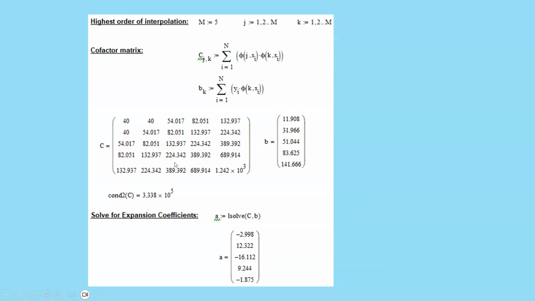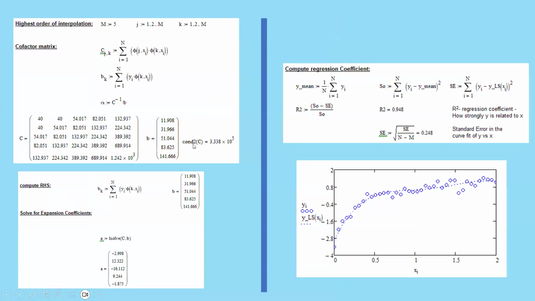When we solve these 5 linear equations, this is the value of the coefficients for this polynomial function with order 4. And we check the correlation coefficient.